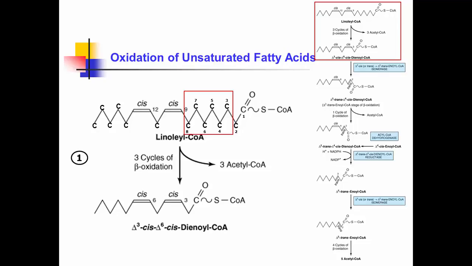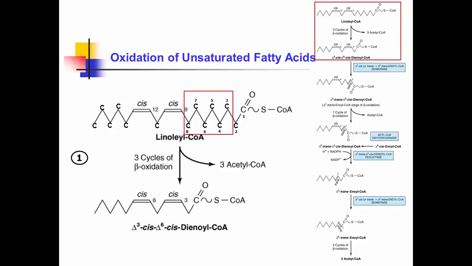So first, we go through beta oxidation to break down the carbons from the 2 and 8 position, right, and remove 3 acetyl-CoA molecules, generating these molecules, right? Dieno-CoA.